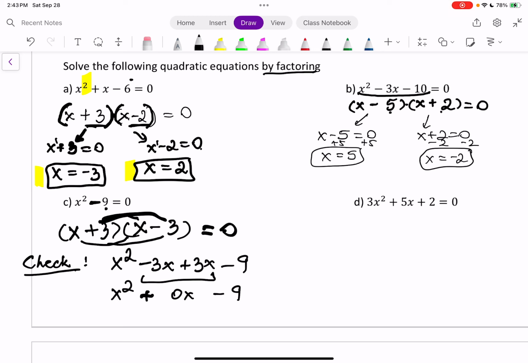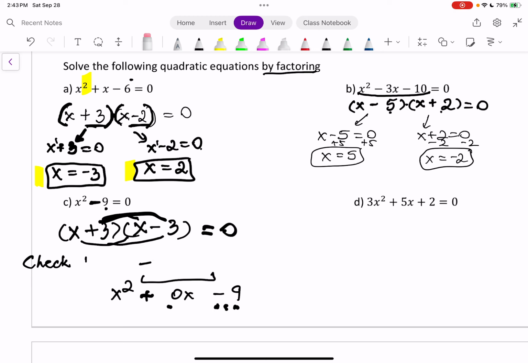There's no x. And so therefore, I need to think of numbers that multiply to negative 9, or in other words, multiply to 9 and subtract to be 0, right? So again, because they multiply to a negative, they have to have different signs. And when you add a 3 to a negative 3, they add up to 0 x in the middle.